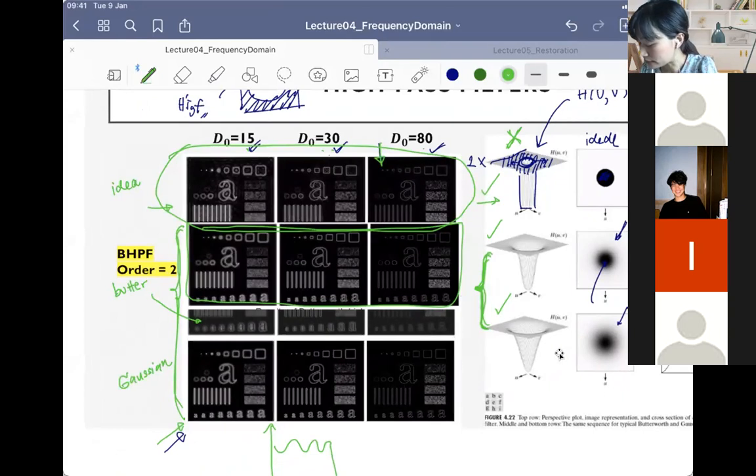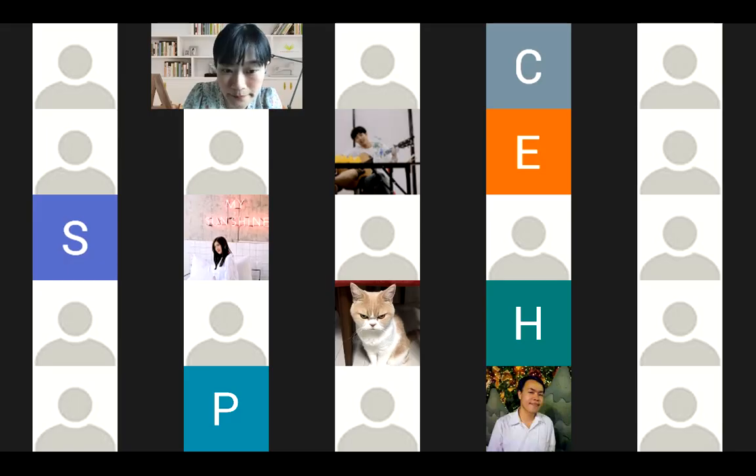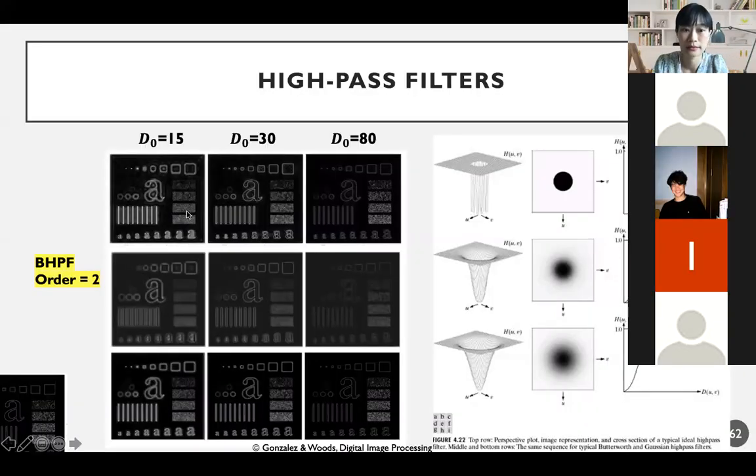But these are the results from the ideal filter, and I will update the image later. Maybe this one looks better.